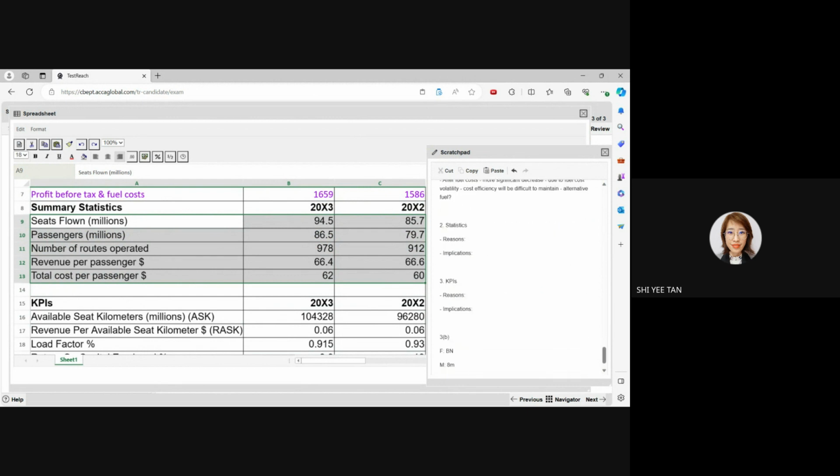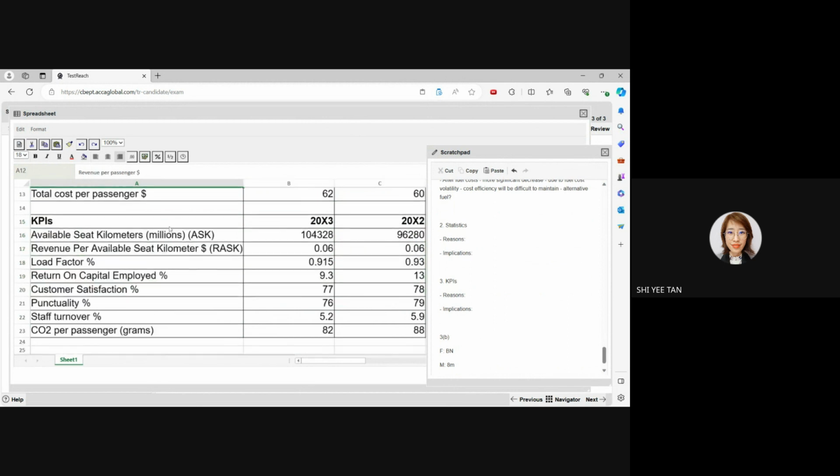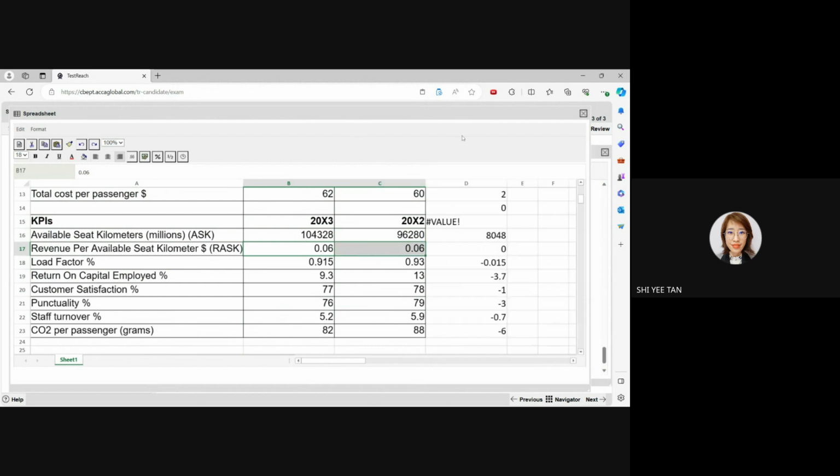Okay, right? Then KPI, ASK, available seat kilometer is more. Yes, of course, because you have more routes now, right? So I think you have more airplanes flying also. And then you have revenue per available seat. This one static. Is it static?